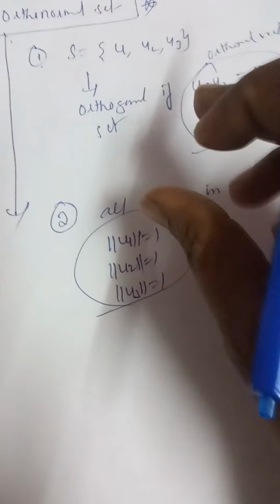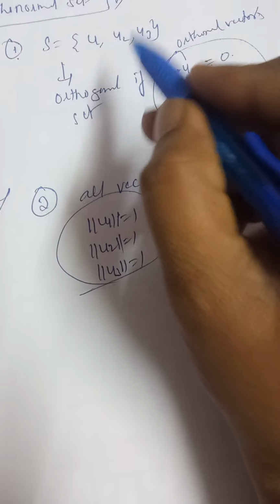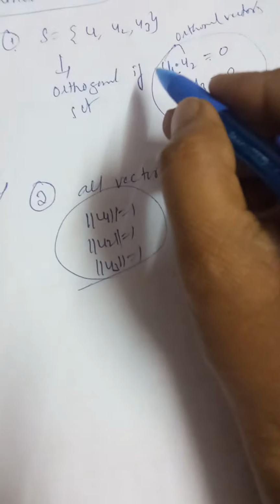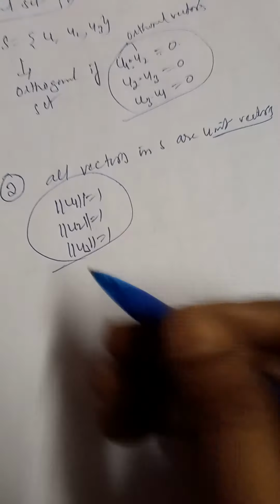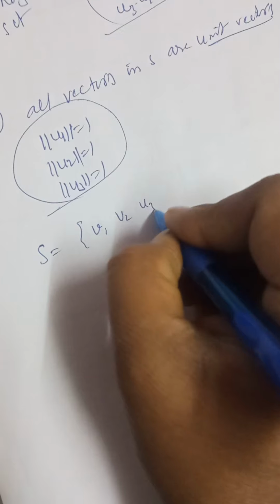You can combine these 2 points, right? Now we can say that a set is said to be an orthonormal set if it is orthogonal unit vectors. For example, S is equal to, I am giving you v1, v2, v3.